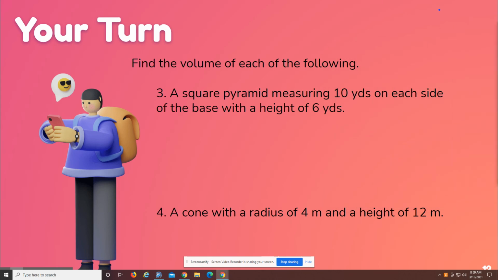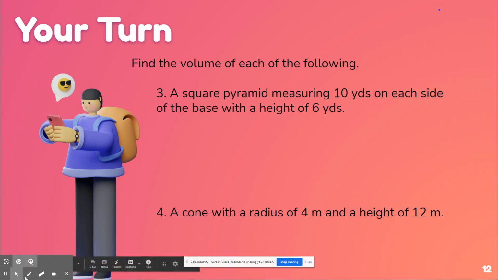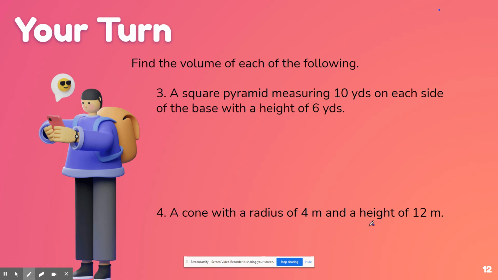So we'd leave it as 201.06. So for this one, you would have gotten either 64 pi or 201.06, and they both should be meters cubed.